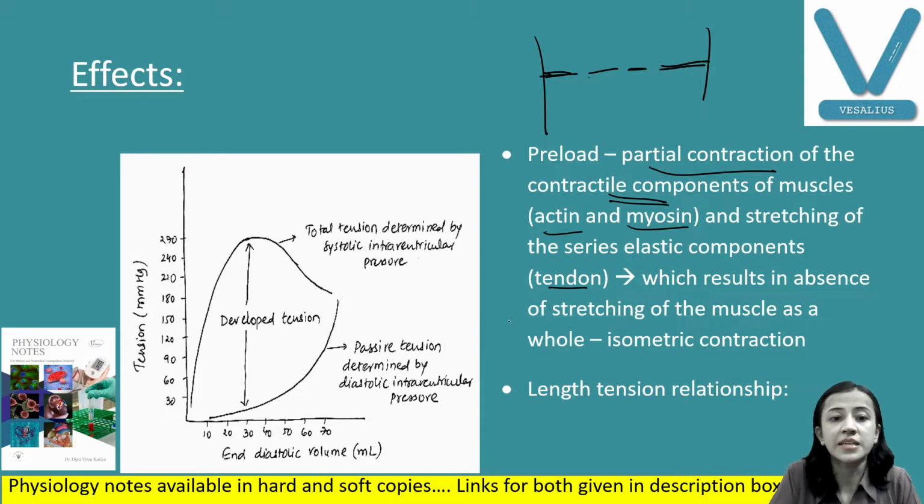When we are discussing the length tension relationship, you can see here, this is the relationship between the length of the muscle fiber and the tension. When length increases, the tension increases, but here the initial length remains the same. This is isometric contraction.